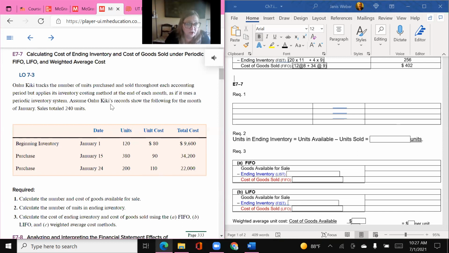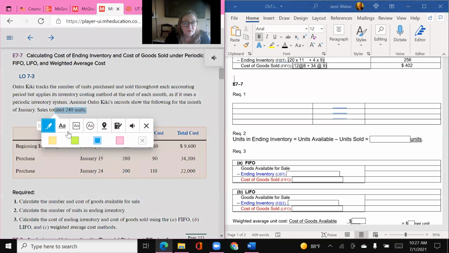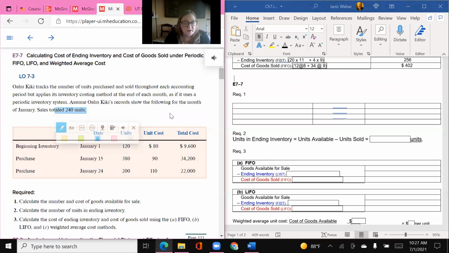They sold a total of 240 units. And this is what they had available: a beginning inventory of 120 at $80, a purchase of 380 units at $90 and a purchase of 200 at 110. So here's the extended numbers of how much the cost of each of these lots was.